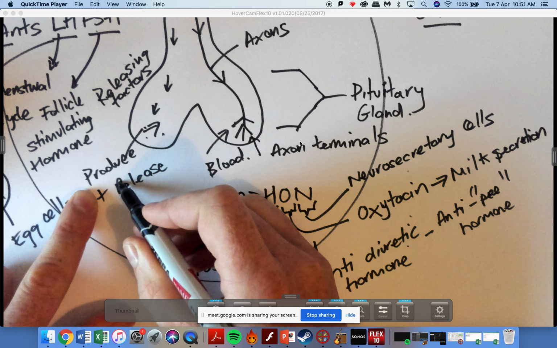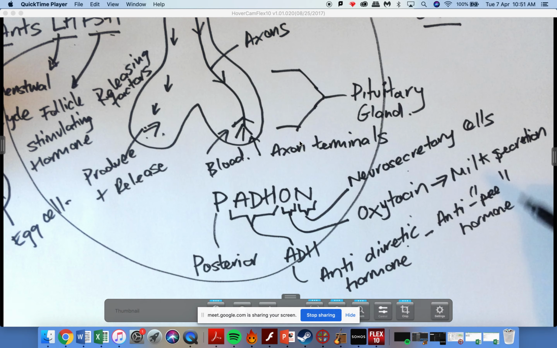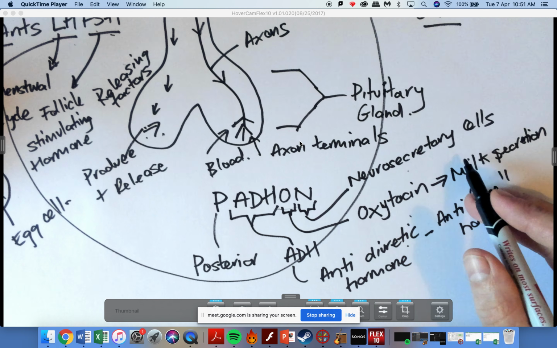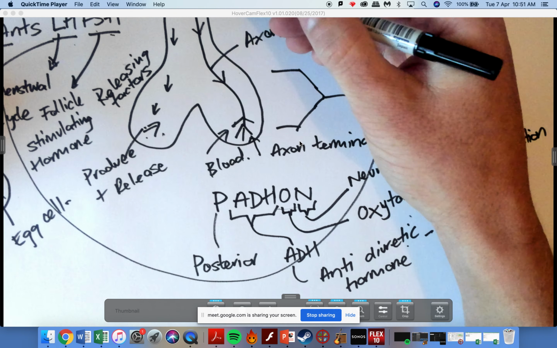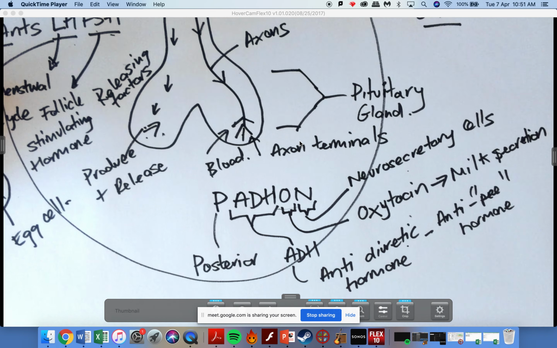Whereas the anterior, these cells do produce and release LH and FSH. For the posterior, it doesn't produce and release, it's neurosecretory. So the axons release the hormone into the blood and then it will travel around and start to have its effect.